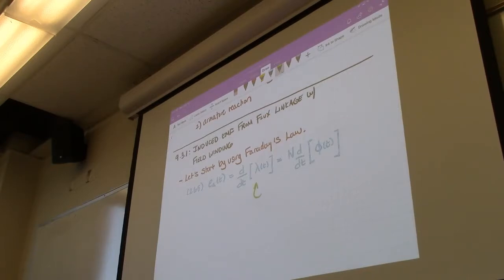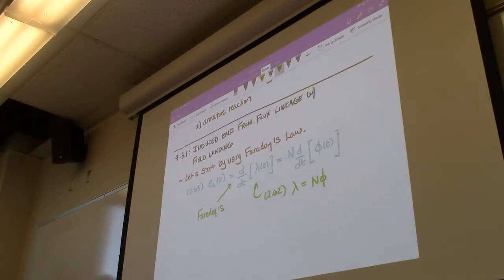This comes from equation 262, which says that lambda is equal to n times phi, and we know that n is constant, and this is just our good old Faraday's law.